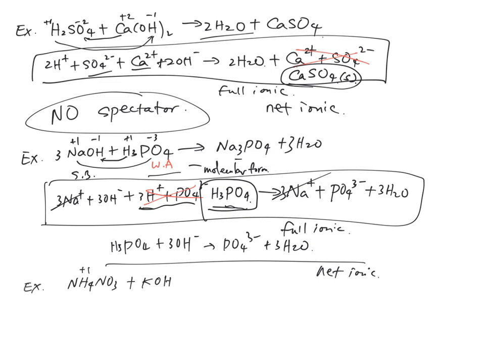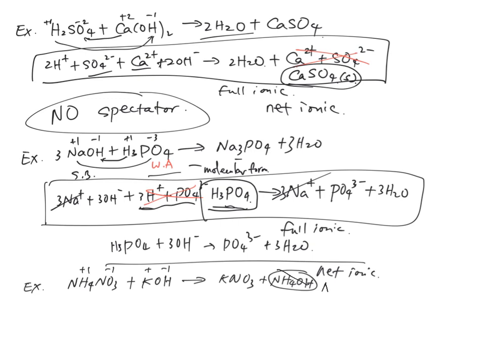Okay, so +1, -1, +1, -1, exchange partners. So KNO3 and NH4OH. Well, remember that?